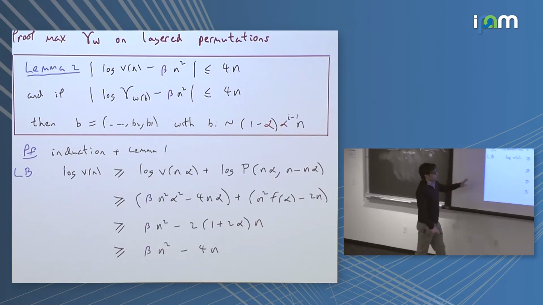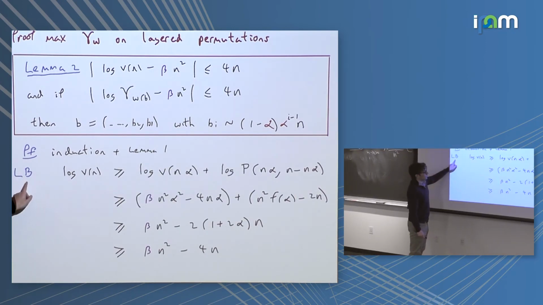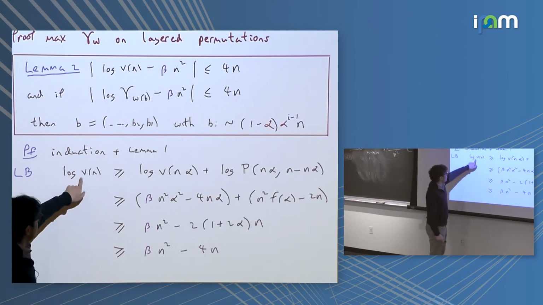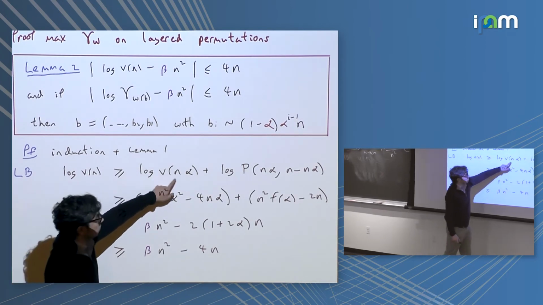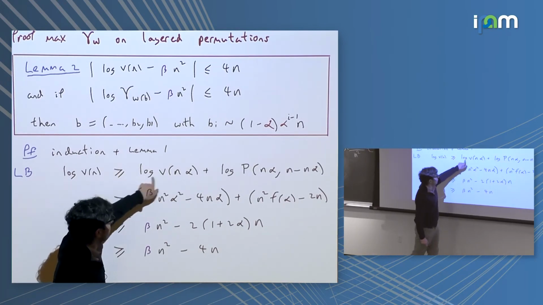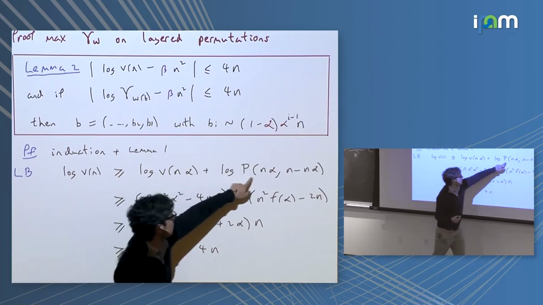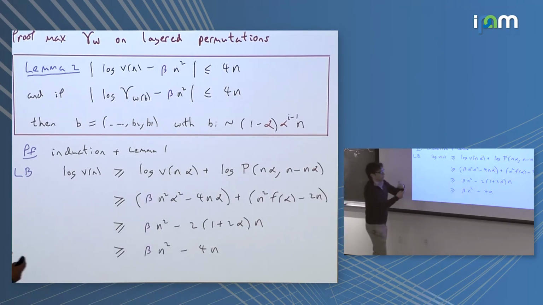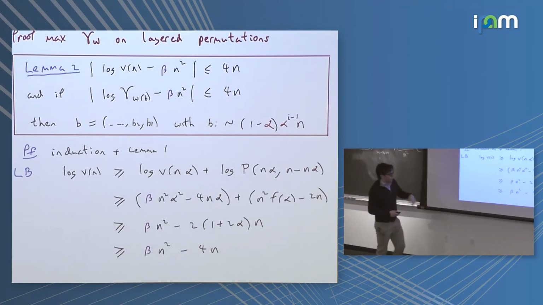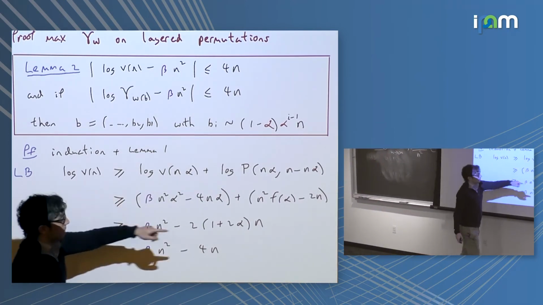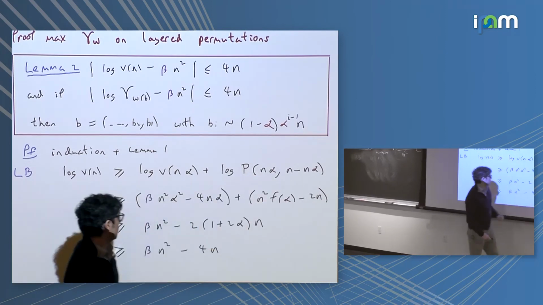For the lower bound, for a layered permutation, this is bigger than or equal to that actual value alpha plus Proctor's formula of what's left. Again, we use induction and the bound for Proctor's formula.